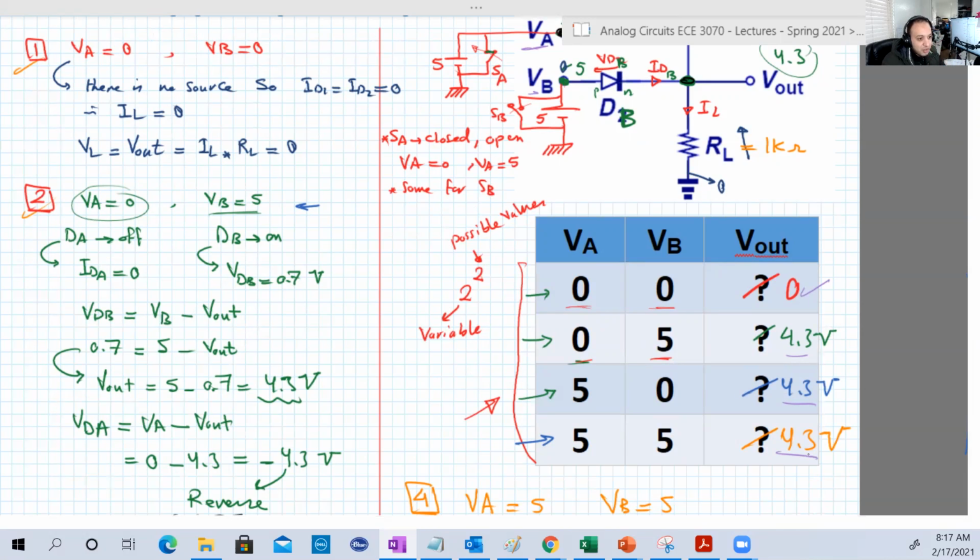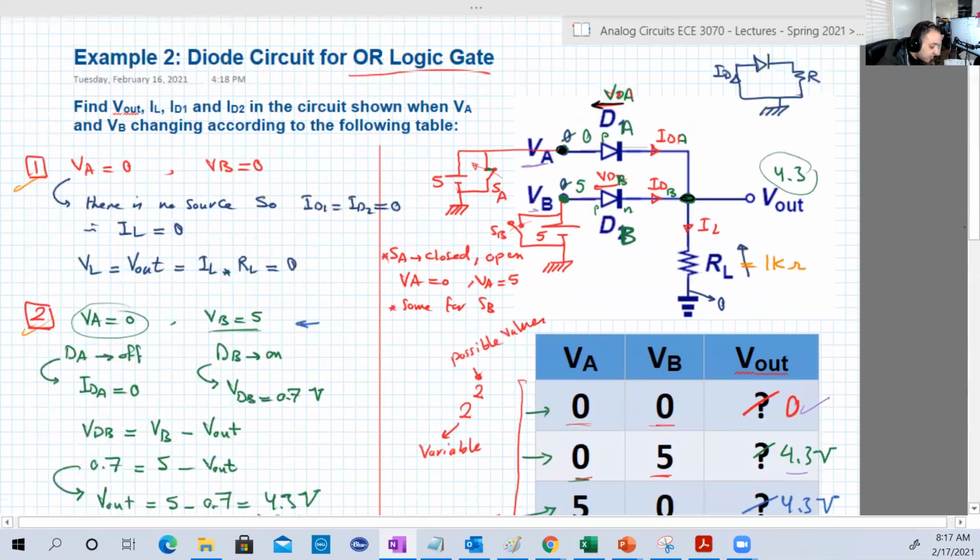But before I delve into the applications of such a circuit, I just want to highlight two important observations for this circuit analysis. First, when VA is 0 and VB is 0, we discovered that V output is 0 as well. Now the question: what was the situation of both diode A and diode B? Were they forward?